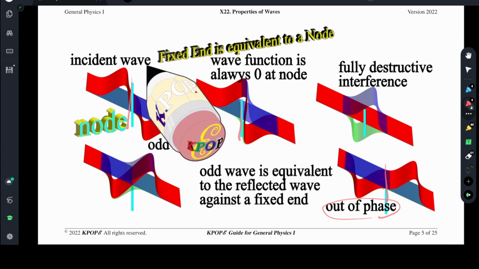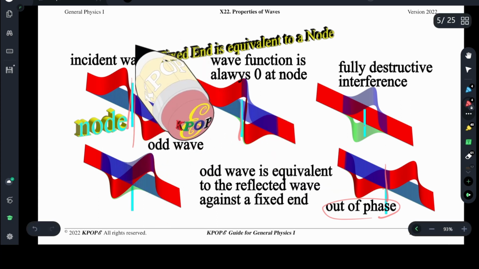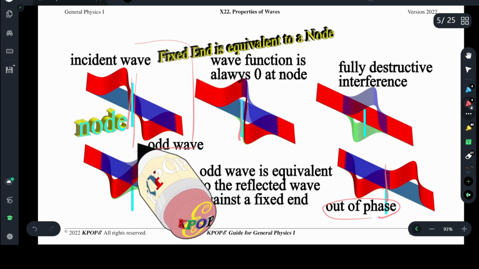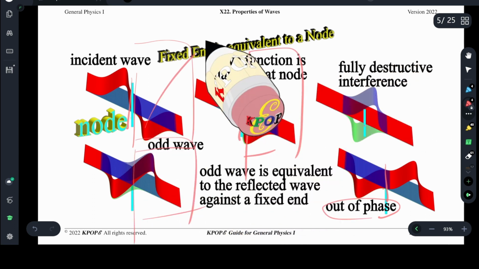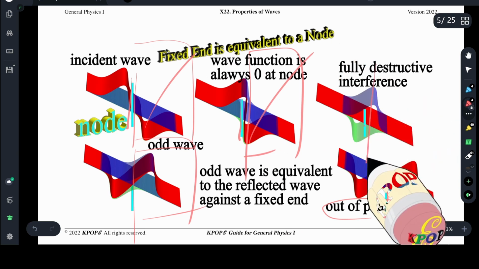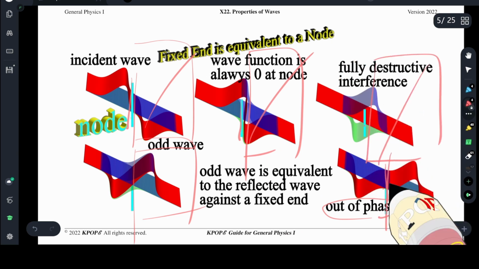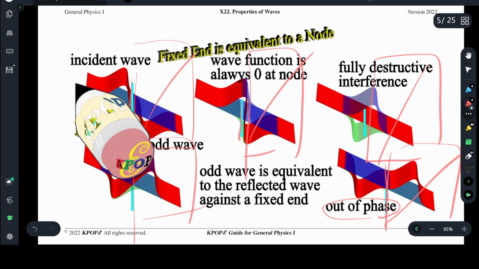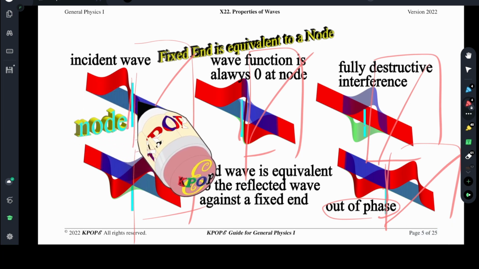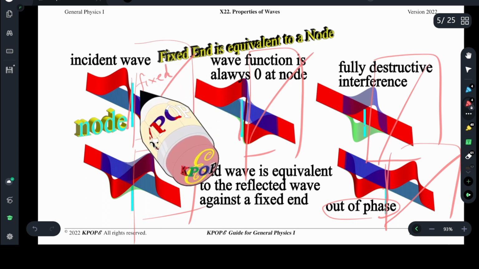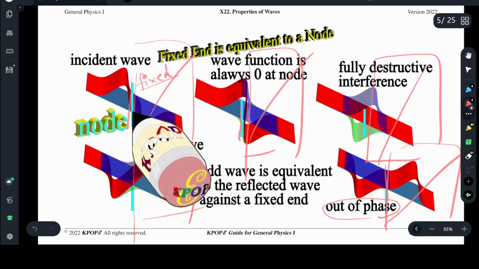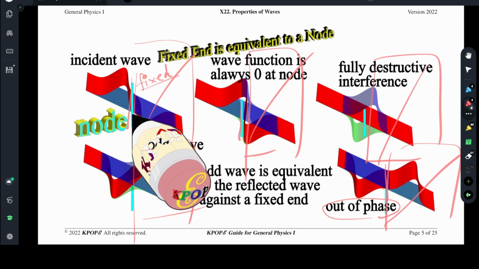So if we remove the remaining right part, forget about it, and look at the left side only, then we can see a wave reflects against the fixed end. Fixed end means it does not oscillate at this point.